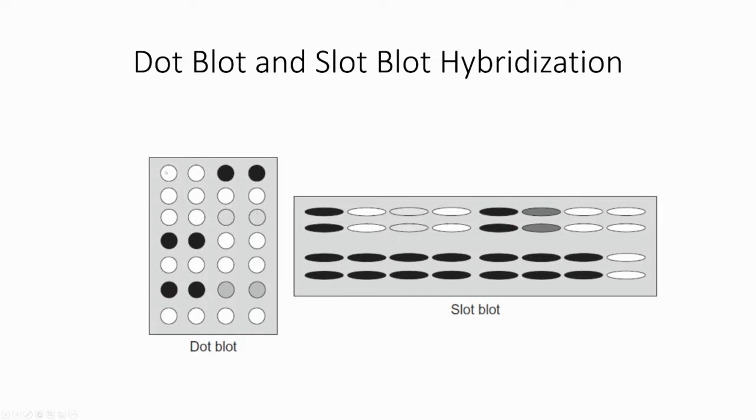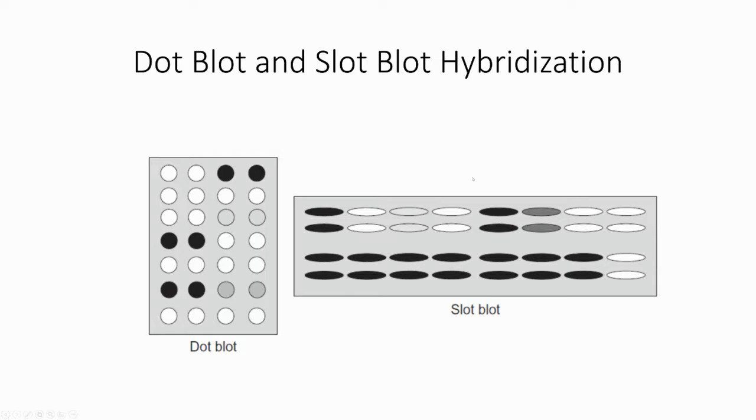Or you can have a different probe at each location, and then you have one sample to hybridize with this probe and identify whether the specific sample has the specific target, or among 100 samples, identify which sample carries a specific target. All right, so that's dot blot, slot blot hybridization.